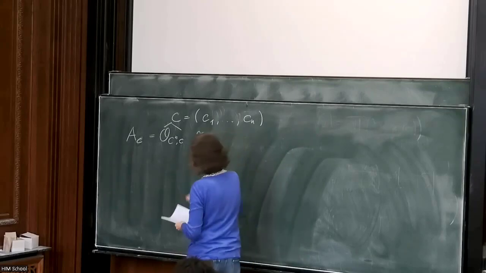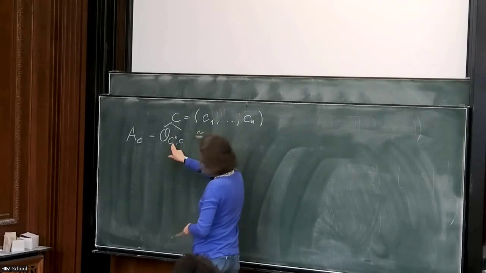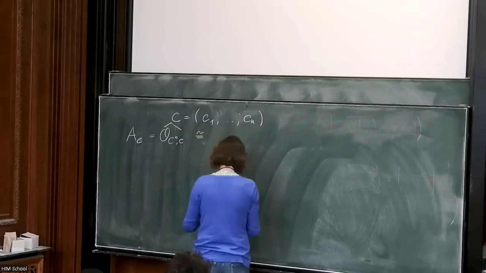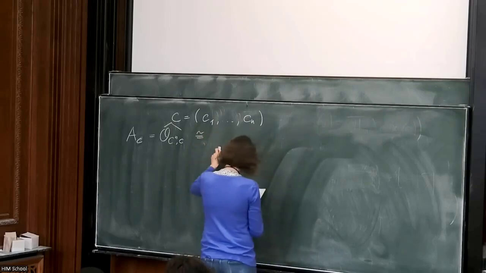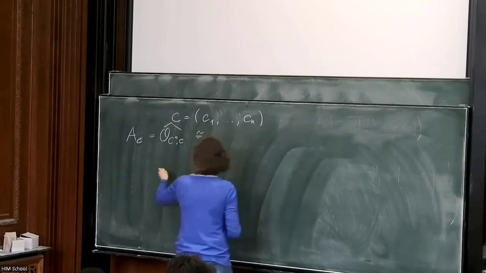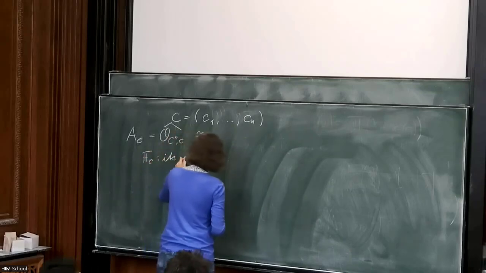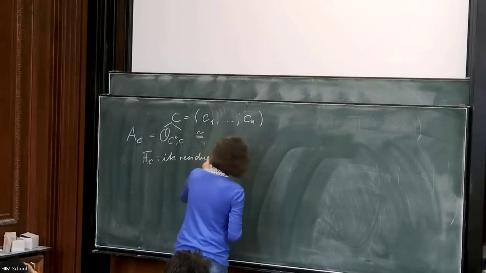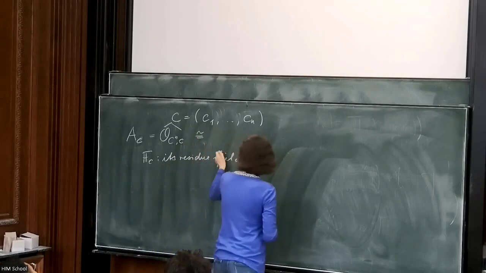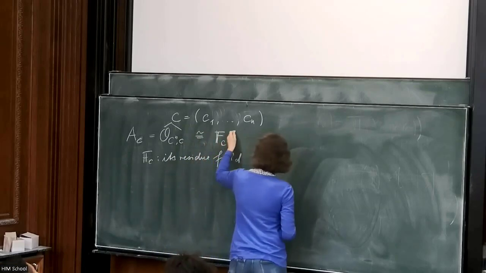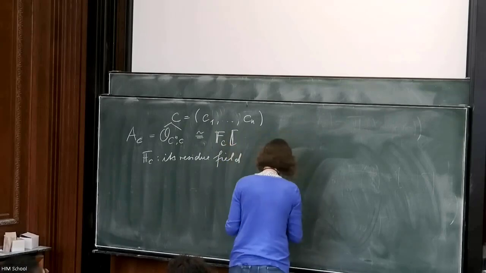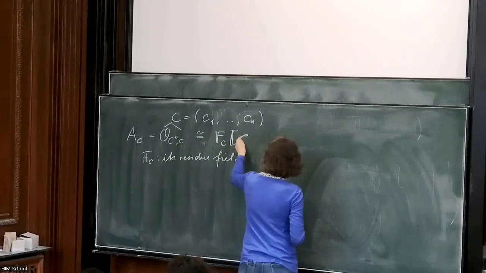Well, we've completed an n-fold product of a smooth projective curve in a collection of points. Let me denote by Fc its residue field. And then this is the residue field Fc with formal power series in n variables, zeta 1.